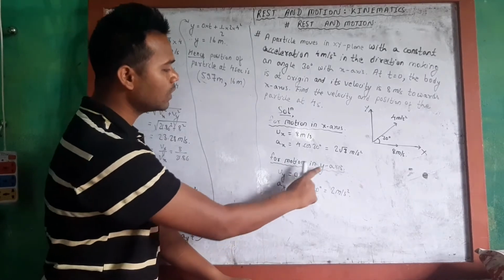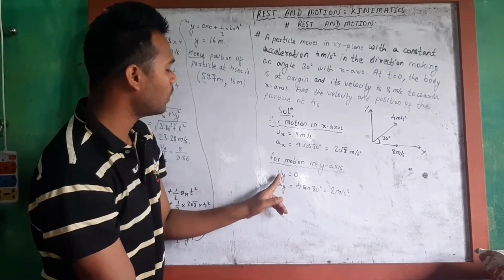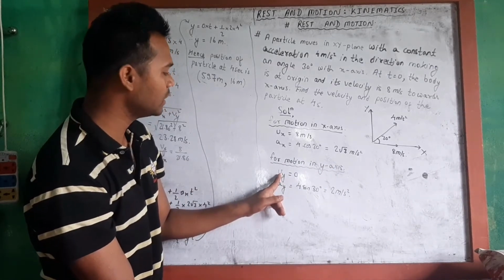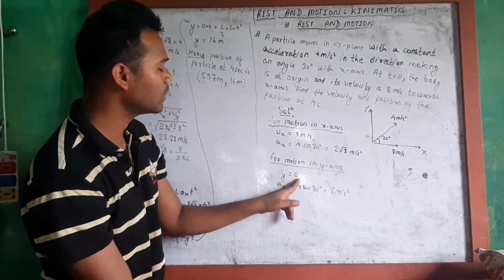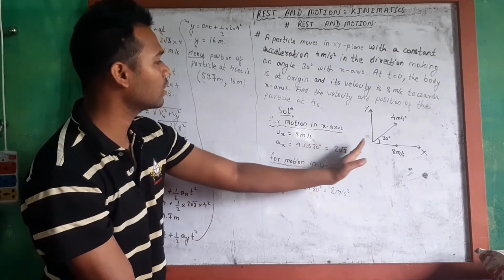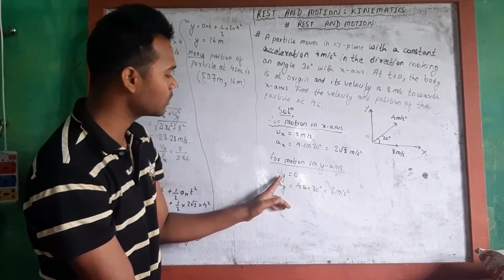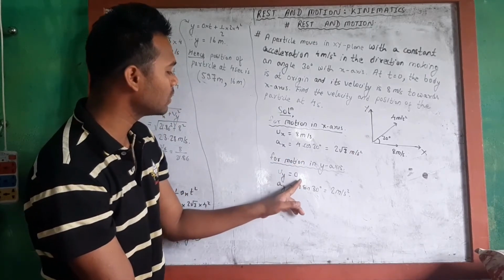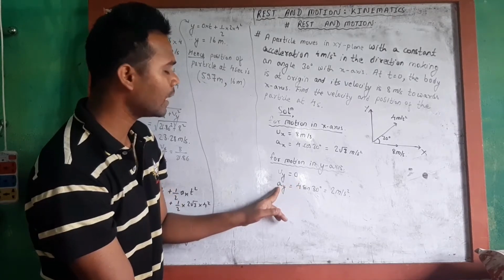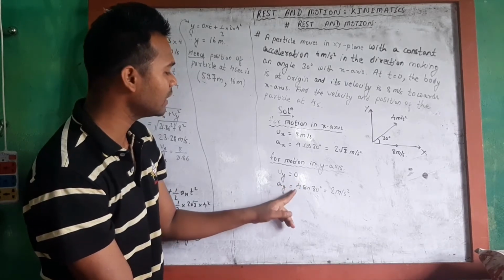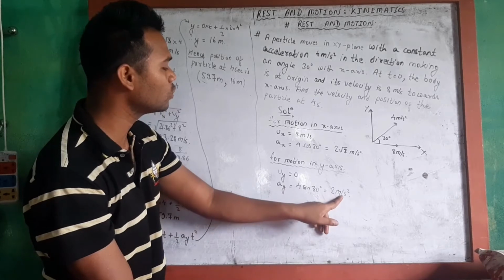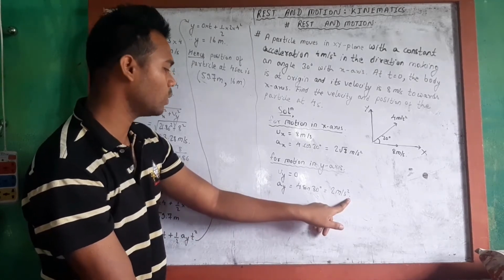Again, for the motion in the y-axis, the y component of initial velocity is 0, because there is no velocity initially in the y direction. That's why uy is equal to 0, and the y component of the acceleration is 4 sin 30 degrees, which is equal to 2 meters per second square.